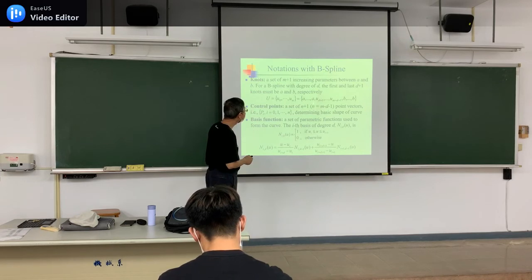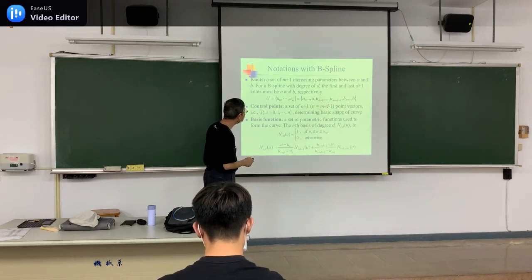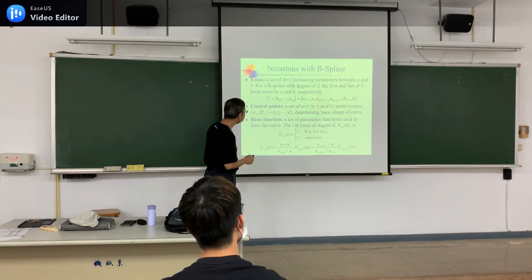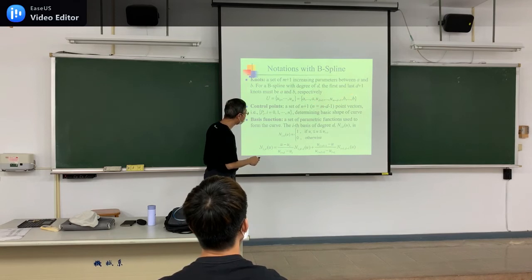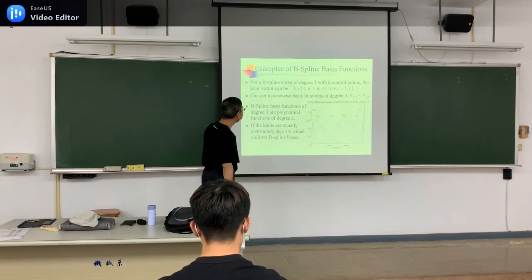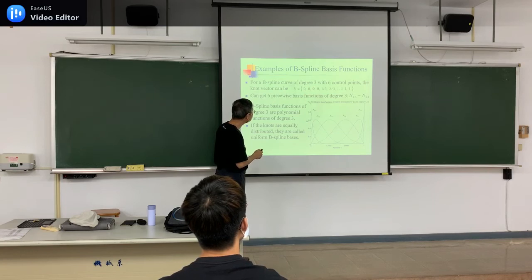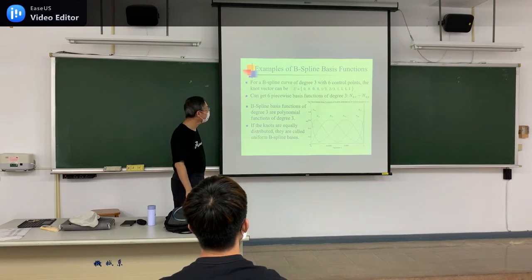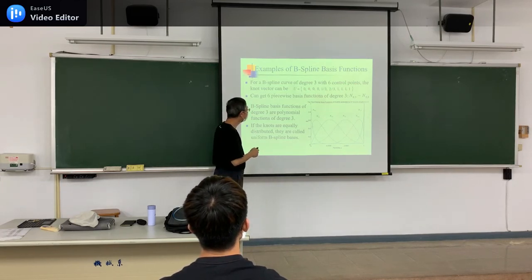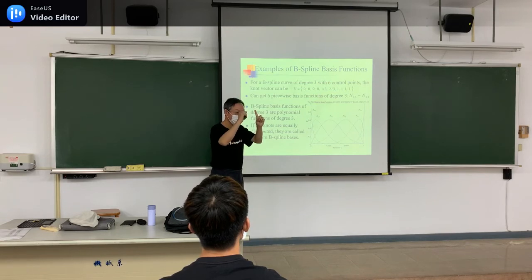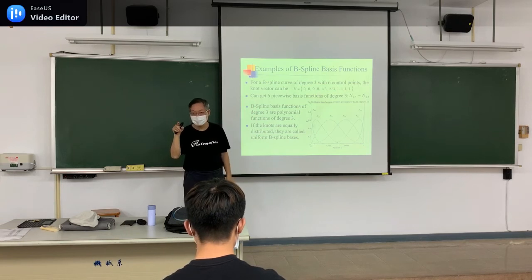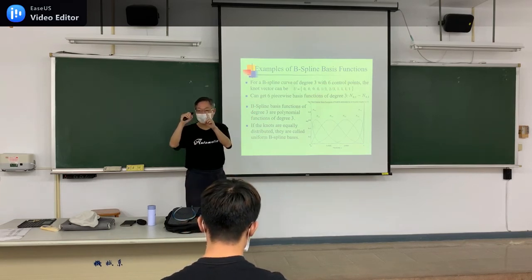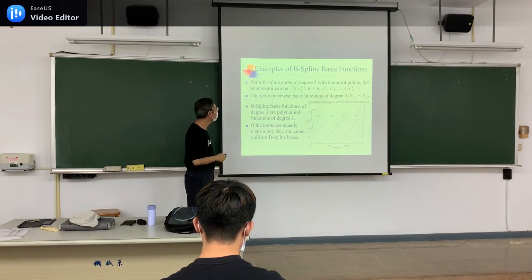And d equals 3, right? So the first 4 will be 0, and the last 4 will be 1. So you have 0, 0, 0, 0, 1, 1, 1, 1. Okay? Totally, you need to have 10 knots. m equal to 9, so m plus 1 is 10.